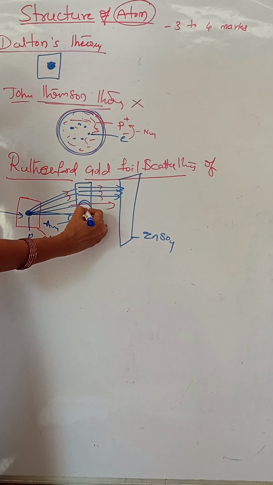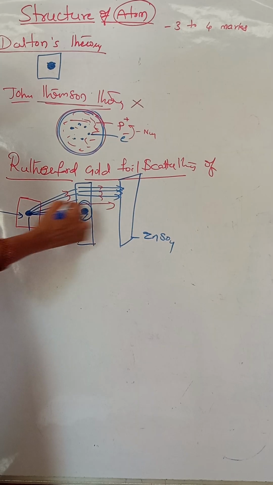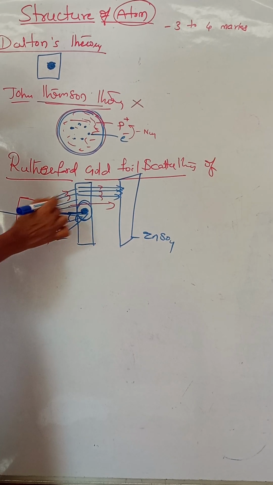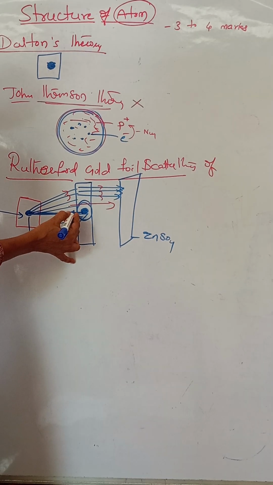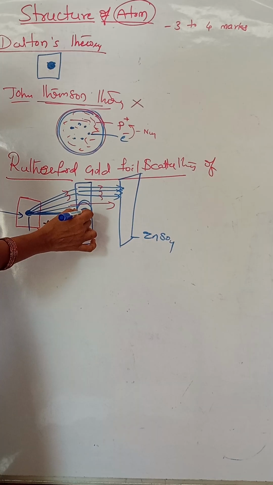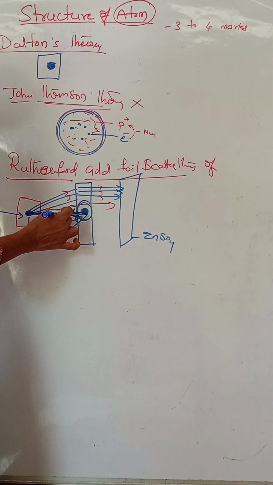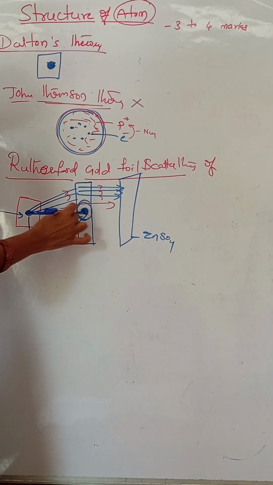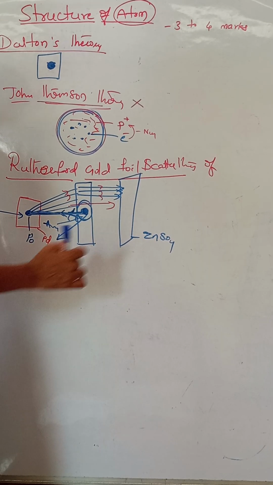But some rays are deflected back along the same path. That means these alpha rays are repelled here, that's why they come backside along the same path.